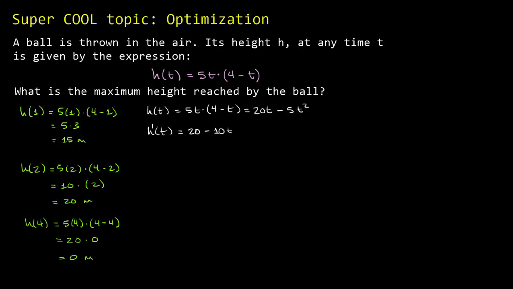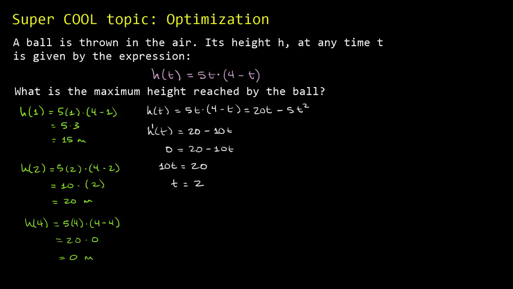Well, if we are looking for a critical point, looking for a maxima, then we should equalize this to 0. So 20 minus 10 times t equals 0. Then we have to find this critical point. Of course, this is a simple one just for warming up. 10 times t equal to 20, so t would be equal to 20 over 10, which is 2.